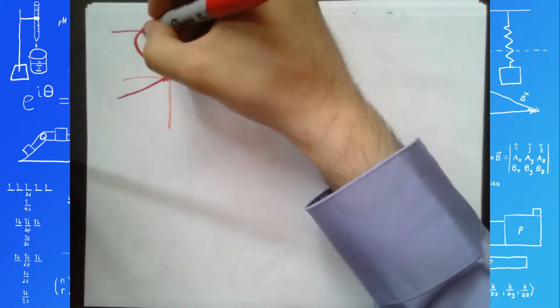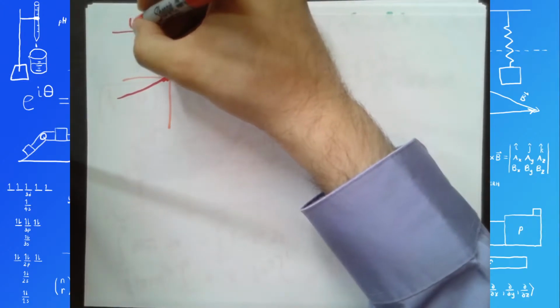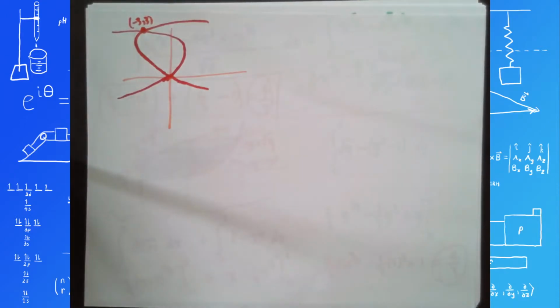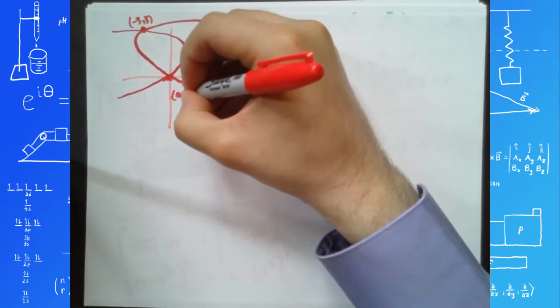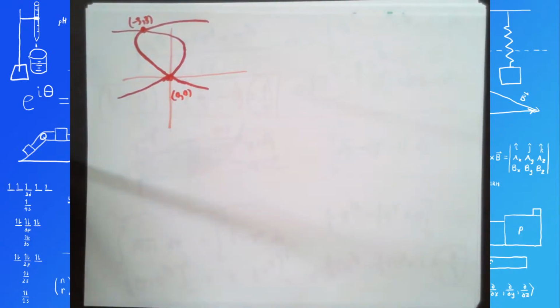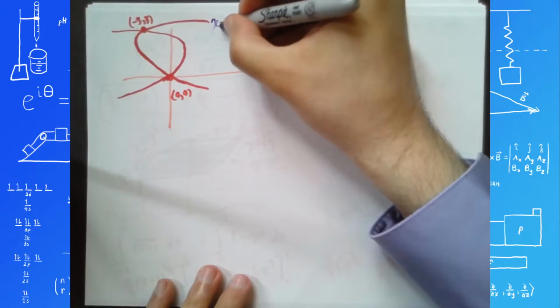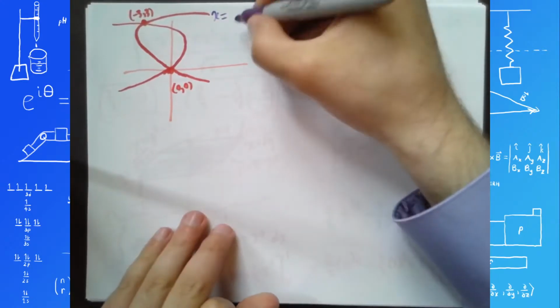They've marked this point for us as -3, 3. And of course, this is the origin, so that's just 0, 0. And then they've told us that this curve is x equals y squared minus 4y.